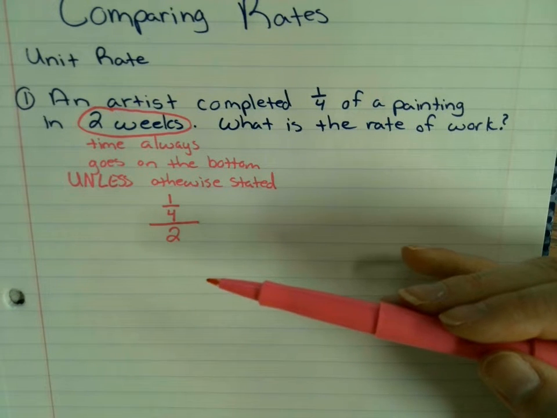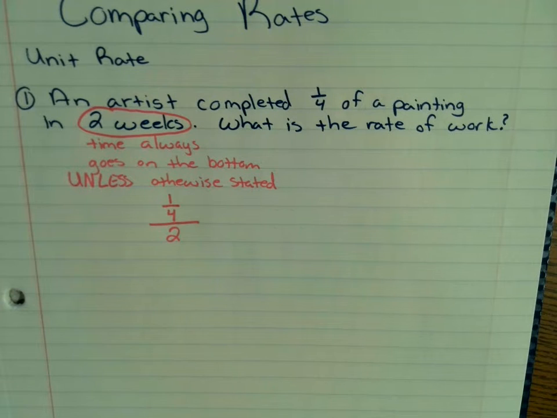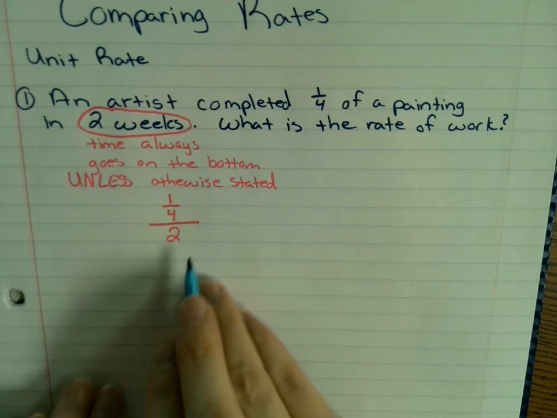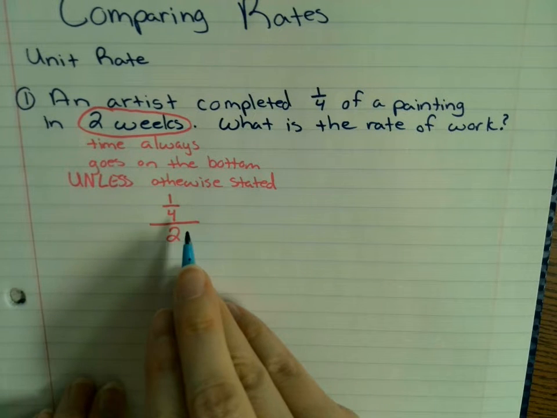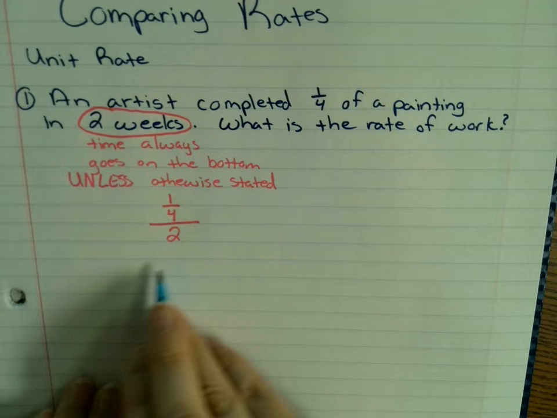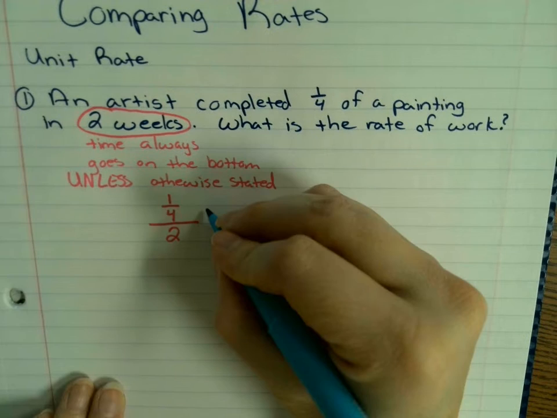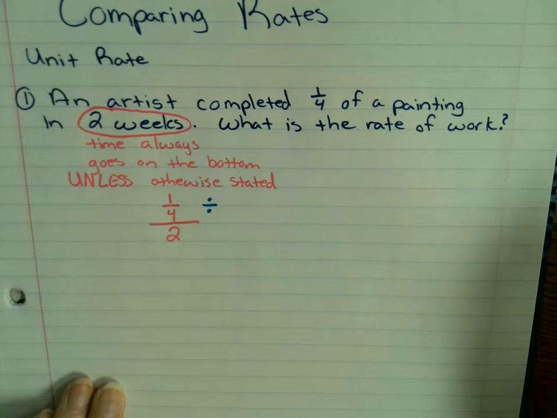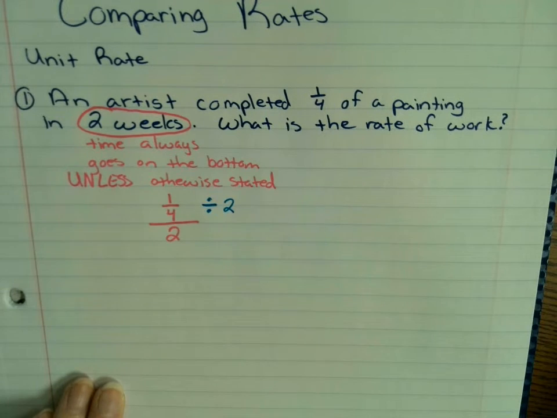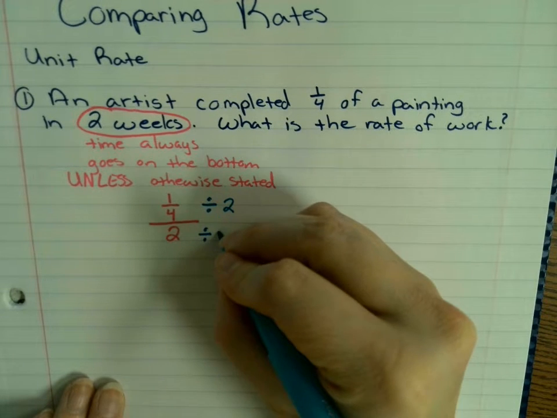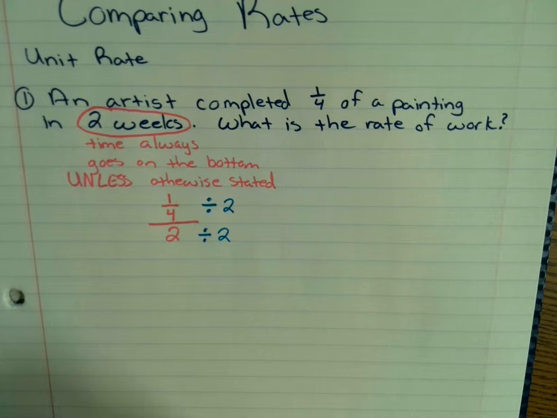Now, just like any unit rate, in order to find the rate, you divide both the numerator and the denominator by whatever the denominator value is. So I'm going to divide 1/4 by 2, and I'm going to divide 2 by 2. It does not matter that it's got a fraction involved.